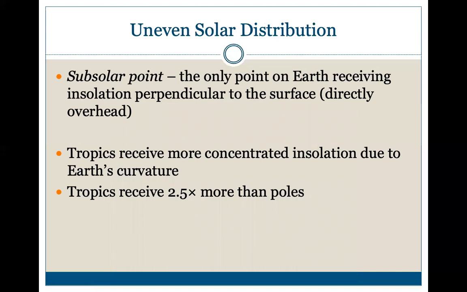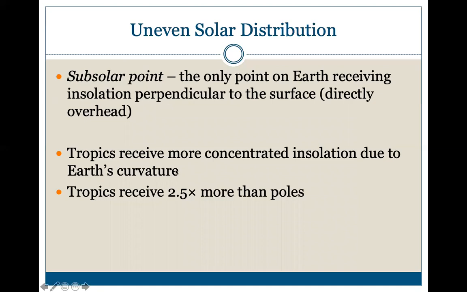So we said the subsolar point is the only point on earth that's receiving insolation or sunlight perpendicular or directly overhead at a 90 degree angle to the surface. That's what a subsolar point is. And we will be looking at where the subsolar point is on different days of the year, because that's going to tell us the dates of the solstices or the equinoxes, and then the important implications of that as it's related to our seasonal patterns.